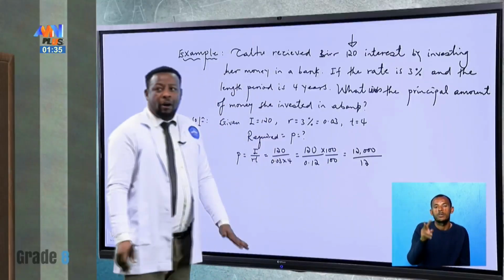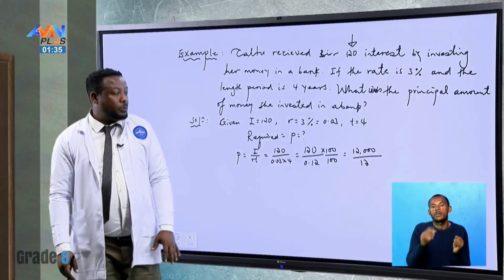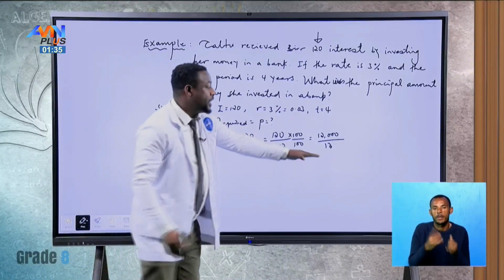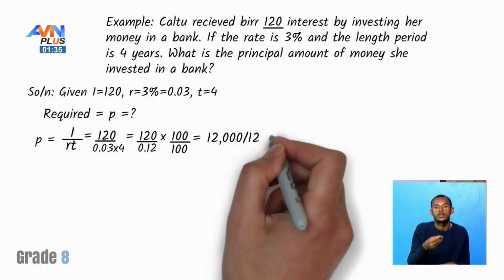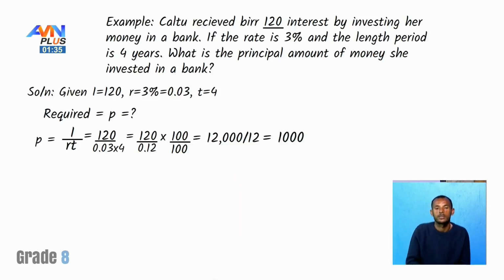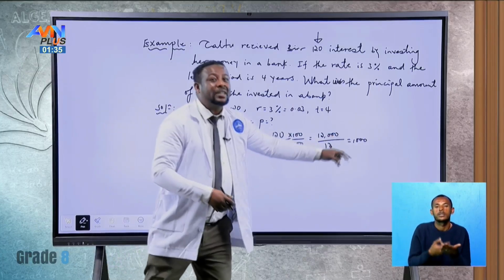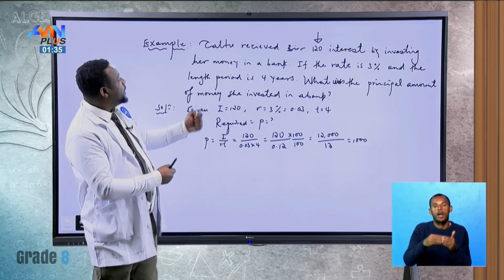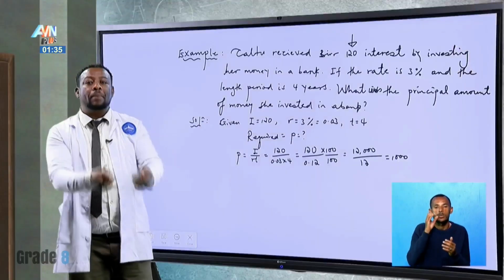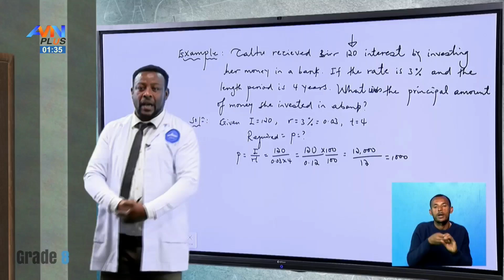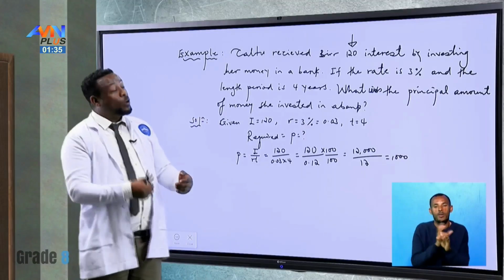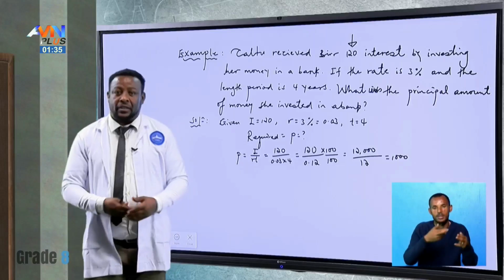Now you can divide 12,000 by 12. It's a very simple calculation. Dividing this gives us 1,000. So this number tells us the principal amount of money that child 2 invested in a bank for the given period of time, right? So this is how we calculate problems related with simple interest.